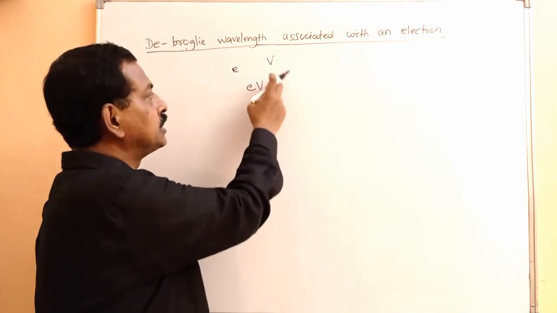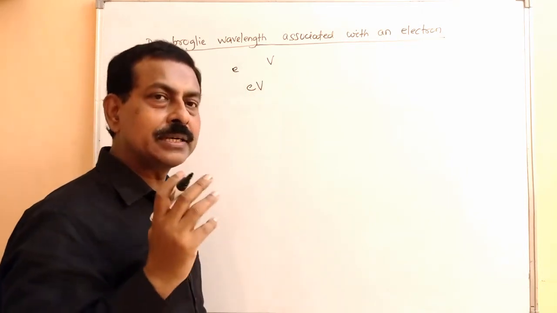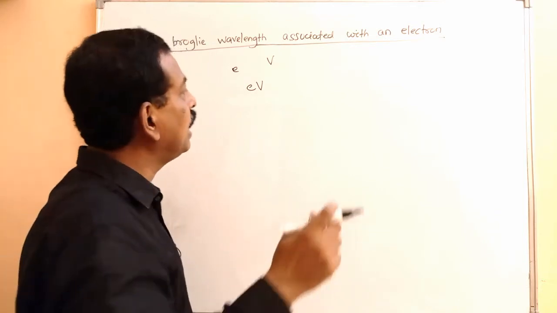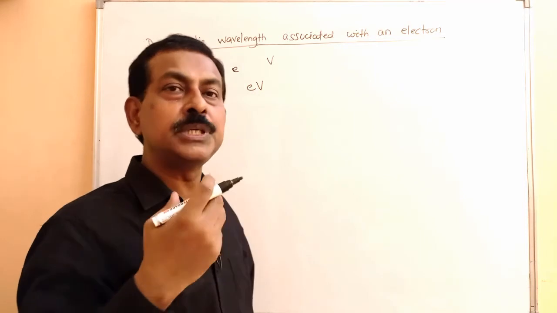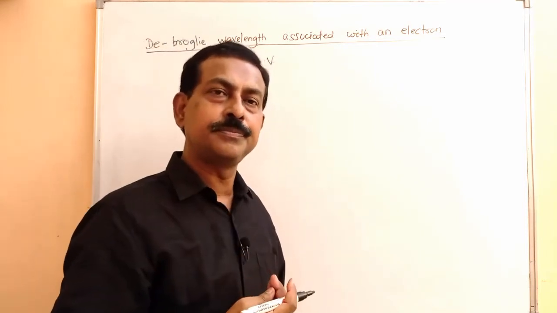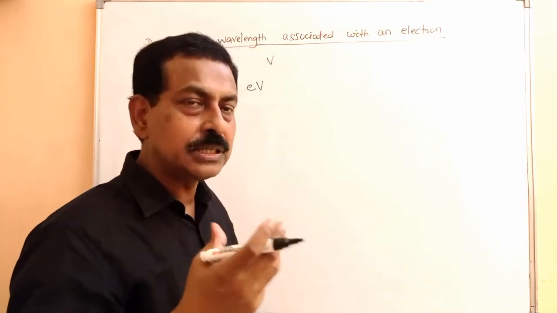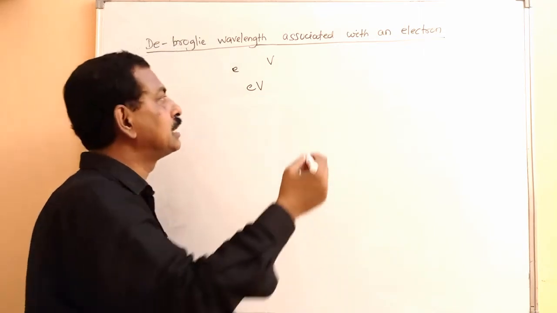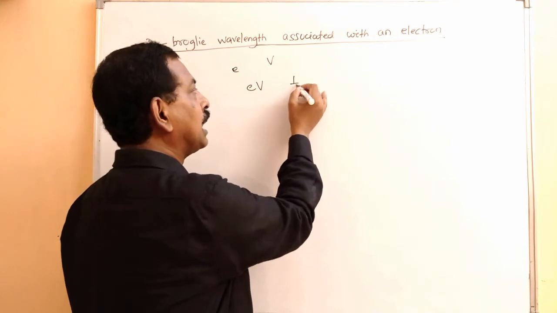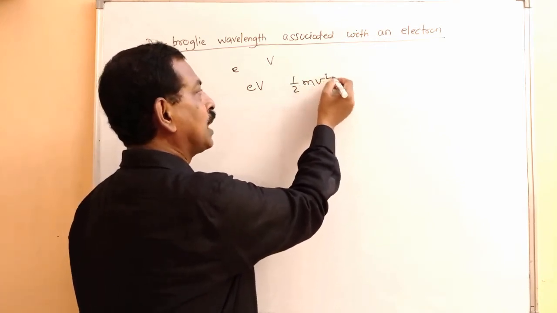So this is the energy possessed by the accelerated electron. Now suppose we assume that m is its mass and v is the velocity acquired by it. This energy acquired by the electron will be in the form of its kinetic energy, so we can write it as half mv square.